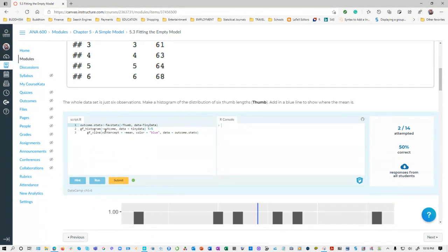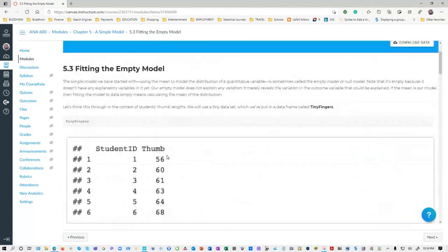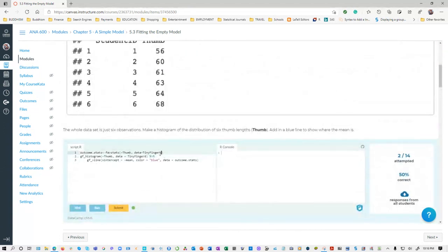Then histogram, data tiny fingers. From outcome stats, I'm going to take the mean.